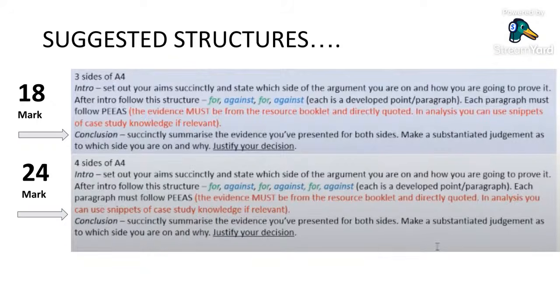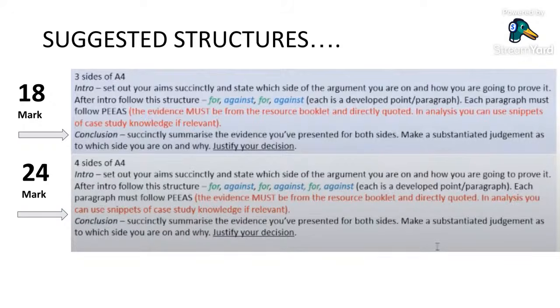So effectively, for the 18 marker, you might want to follow a structure of for, against. Each of those paragraphs is following what we might call PEEA, slightly different from what we've spoken about before. And normally for your 12 and 20 markers, I talk about PEEL.